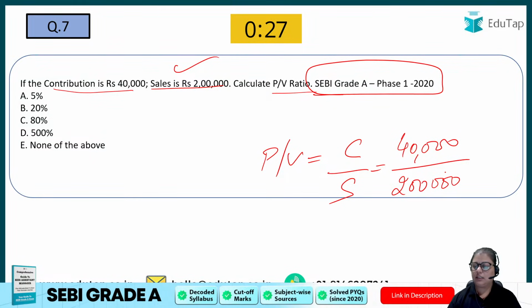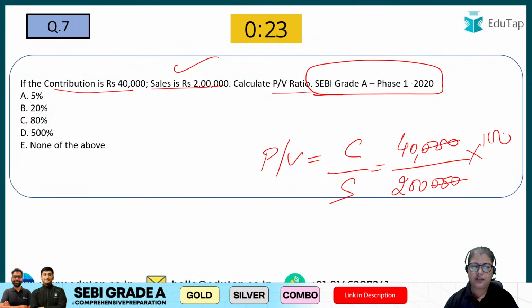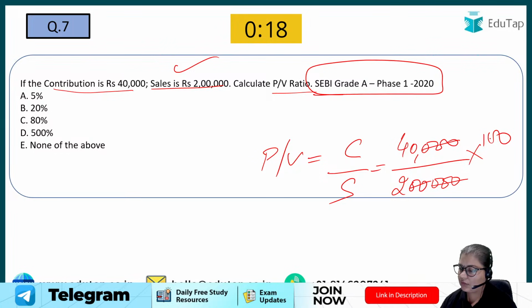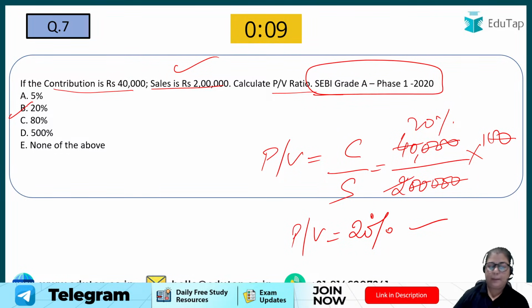Give me the answer. It is multiplied by 100 because it is percentage wise. So it is 20%. So the PV ratio is 20%, and the answer is B.